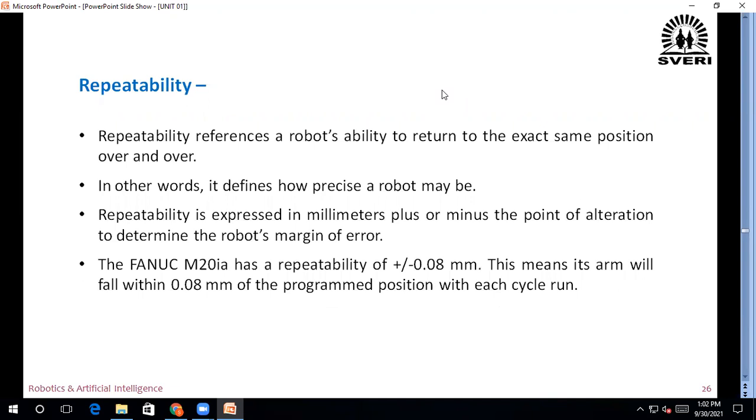The Fanuc M20IA has a repeatability of plus minus 0.08 mm. This means its arm will fall within 0.08 mm of the programmed position with each cycle run.